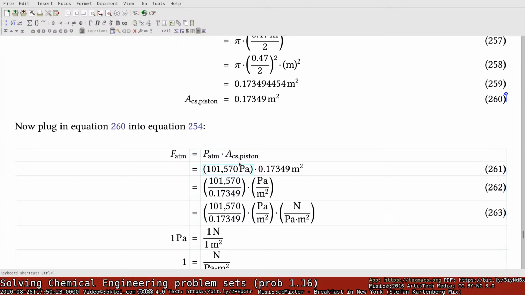Bring the parentheses back then. And all these equations can go away.